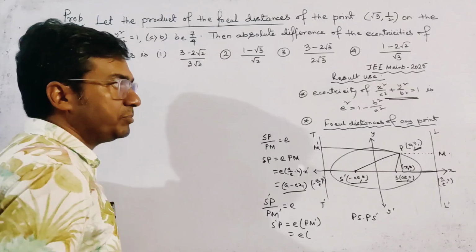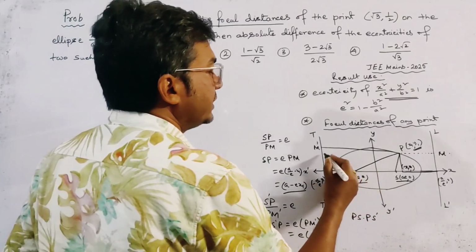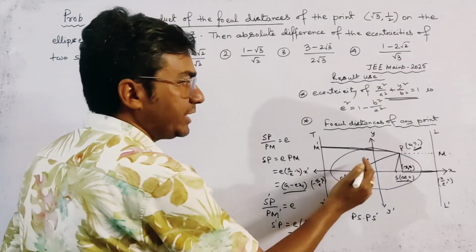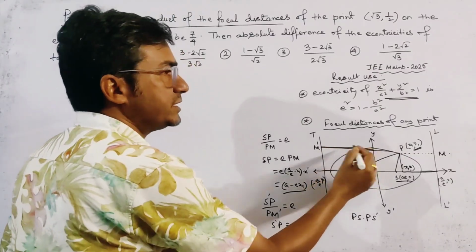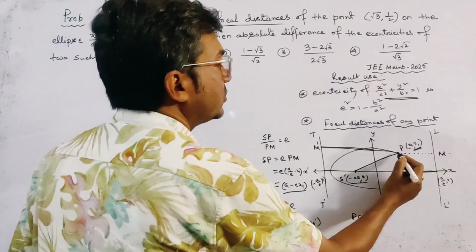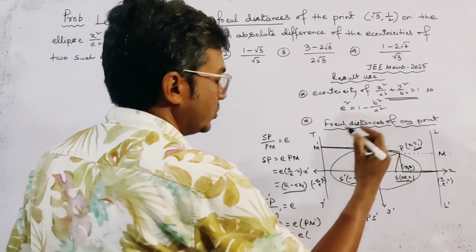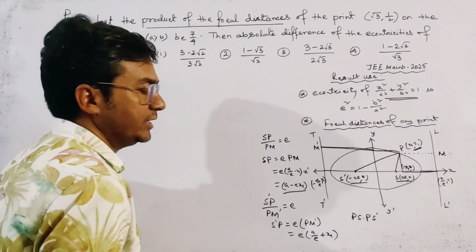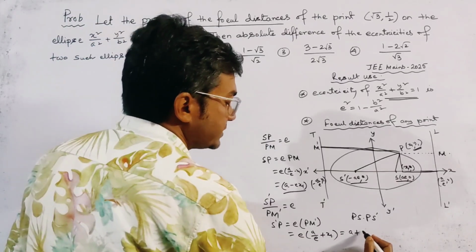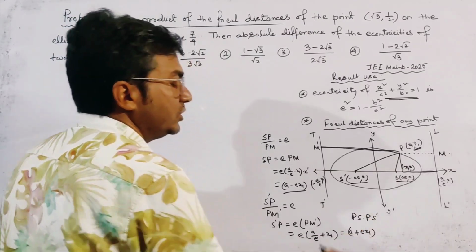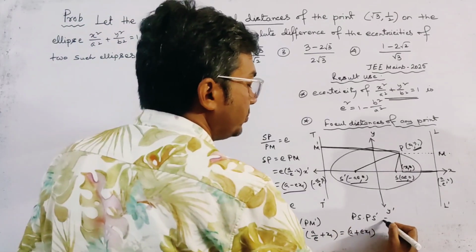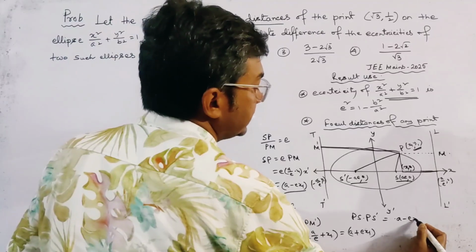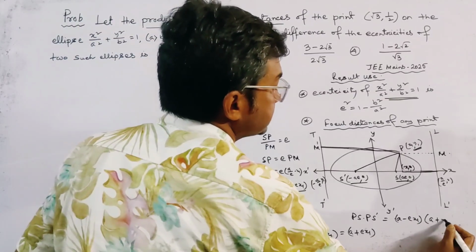And e into PM' means here this is given by a by e plus x1, because from here to here the distance is a by e, and from here to this is obviously x1, so we get the result a plus e x1. So SP into S'P is given by a minus e x1 into a plus e x1.